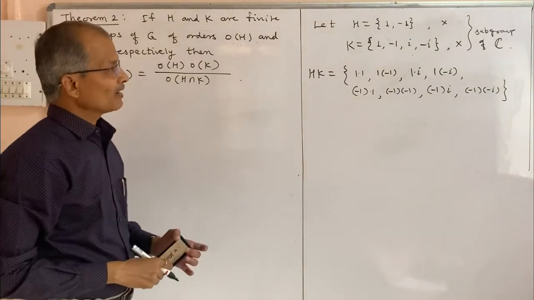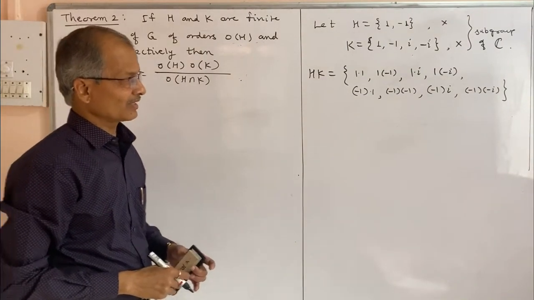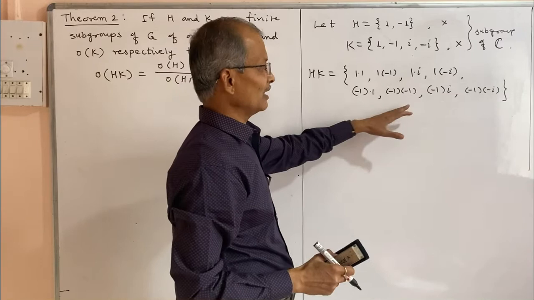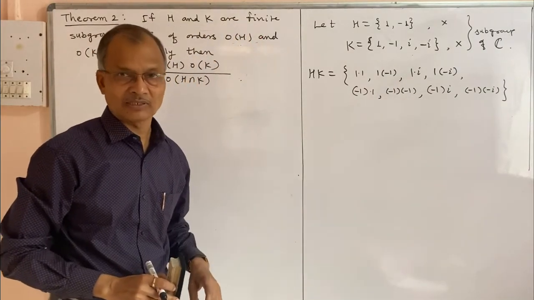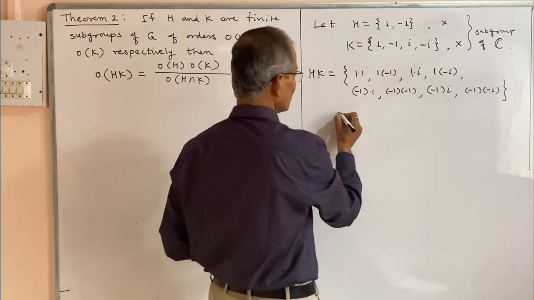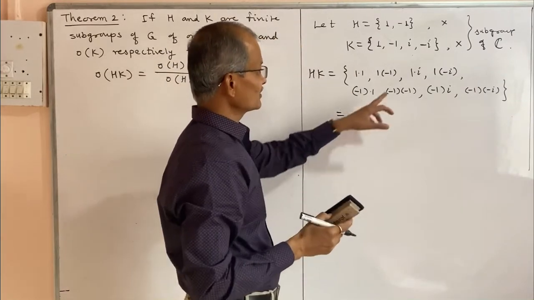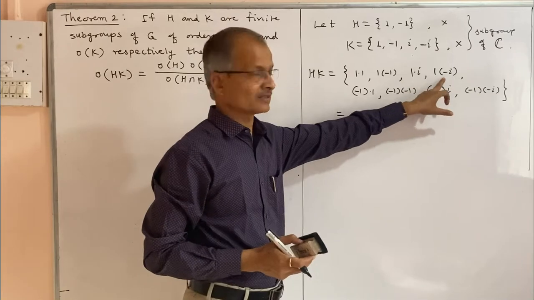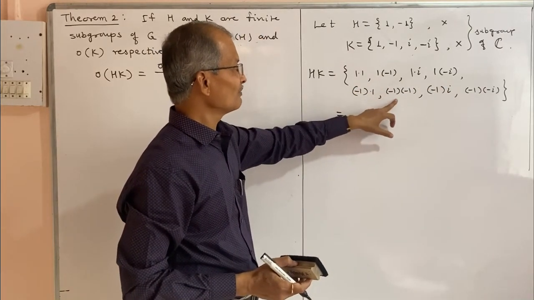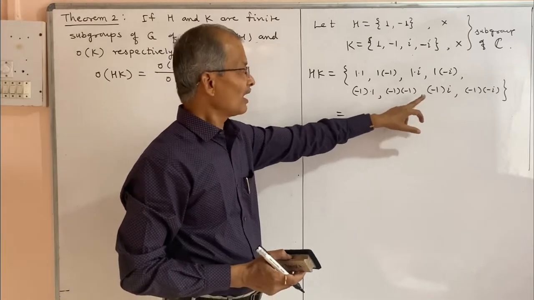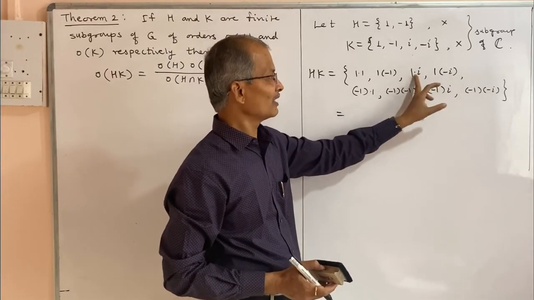But how many elements are there? Apparently there are 8 elements, but these are not all different, and we should not count the repetition. Here this is the element 1, this is -1, this is i, and this is -i. Again this is -1, so these two are the same. This is 1, so these two are the same, and -i is the same as this, and the last is i.